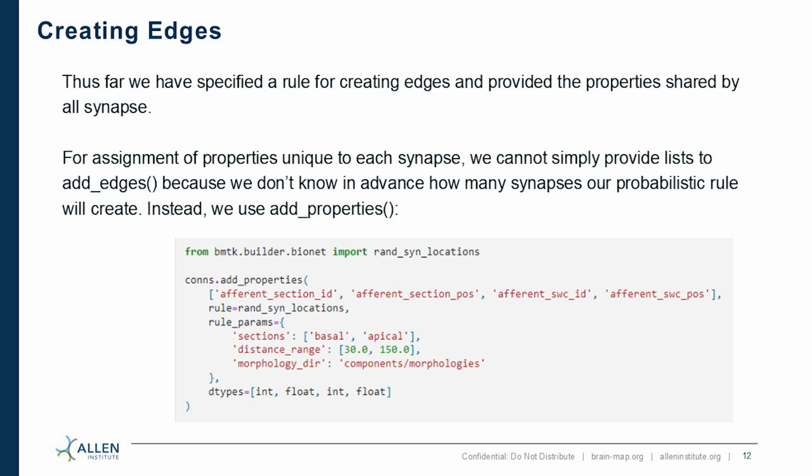And so what we do here is we're using this add properties method, which allows us to define a set of properties and allows us to specify a rule or use one of the built-in rules that assign those properties for each of the edges that have been constructed in our network.